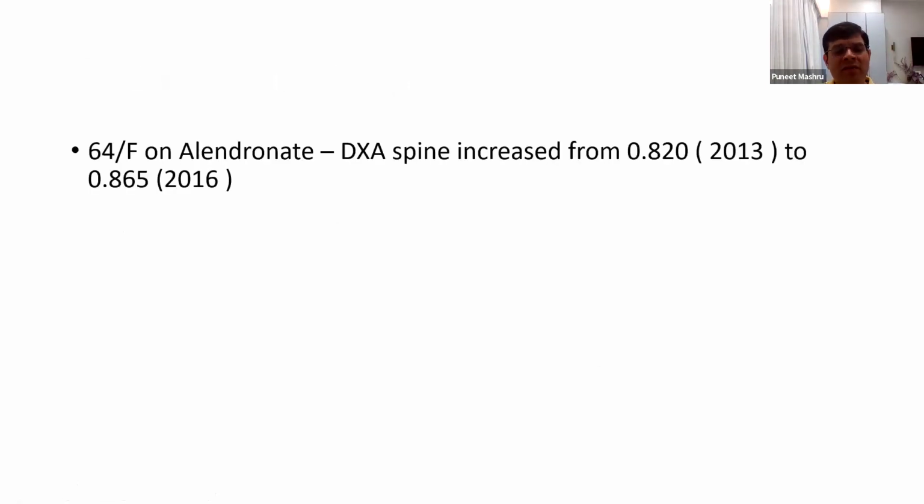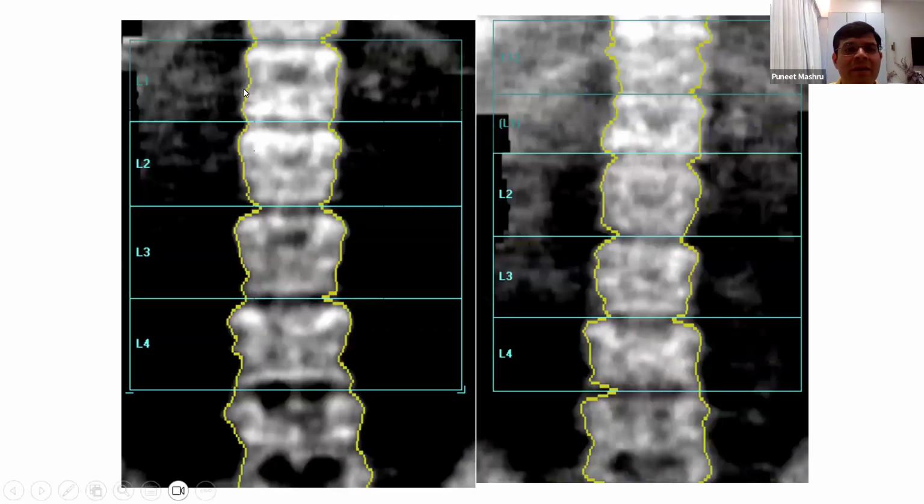Coming to the next case, a 64-year-old female on alendronate, the BMD of the spine increased, and the patient was very happy. But should we be happy? If you look closely at the DEXA scan, the one here and the one on the right, you can see the height of the L1 vertebra is reduced. So actually, this is a vertebral fracture, which is falsely elevating the bone density.